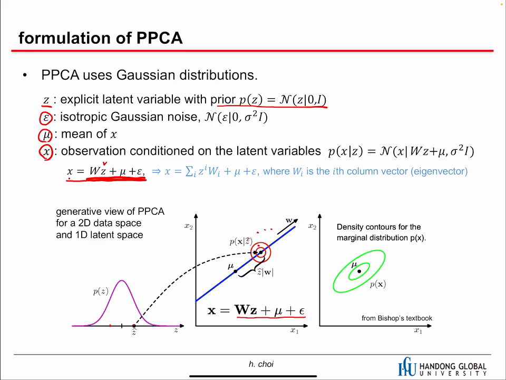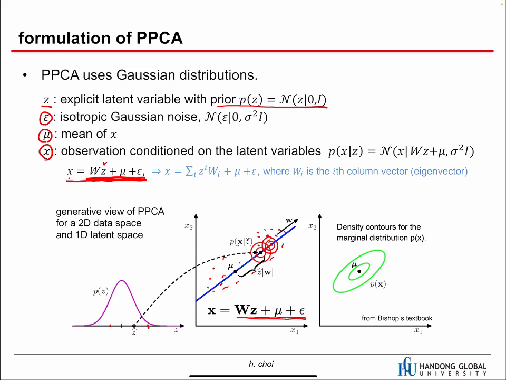So if we have some samples like this, then this sample can be generated by these equations. In that case, z should be around here. And then with epsilon, we can generate this one.